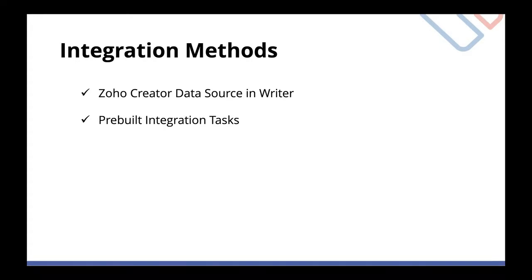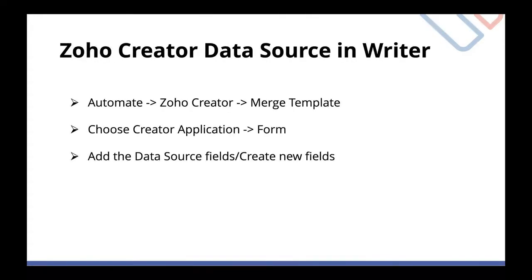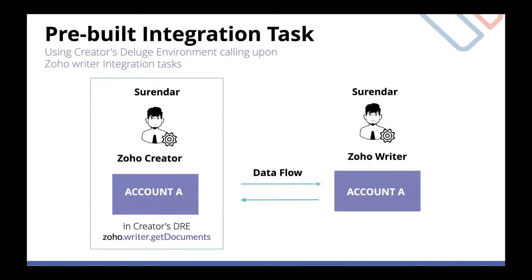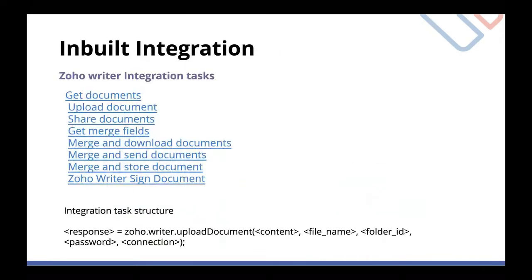These are the tasks which can be done by integrating Zoho Creator with Zoho Writer. We can get documents, upload documents, share a document which has been created, merge fields, merge and download, merge and send, merge and store, merge and sign.